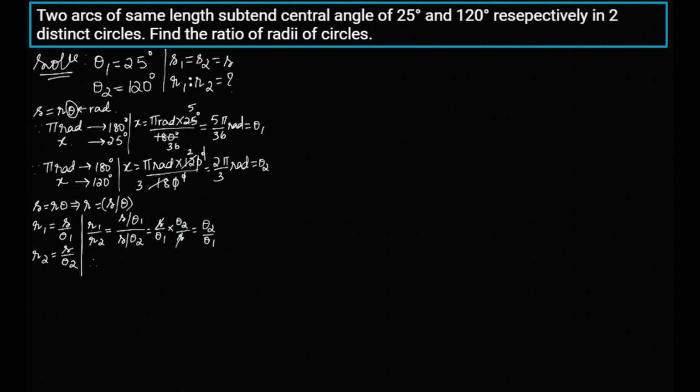Therefore R1 divided by R2 is equal to theta 2 divided by theta 1.